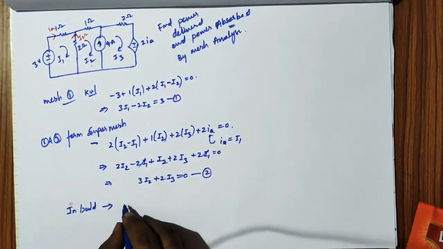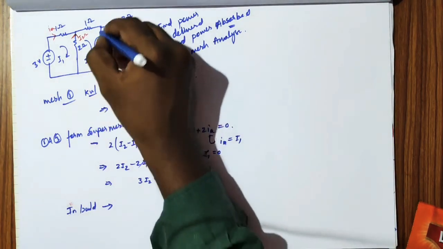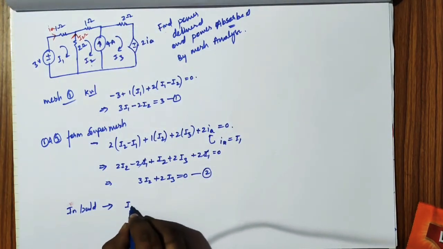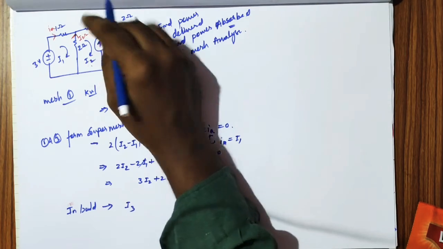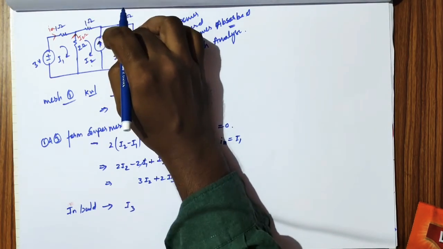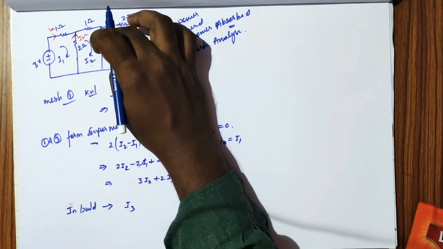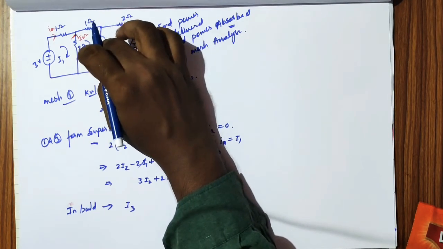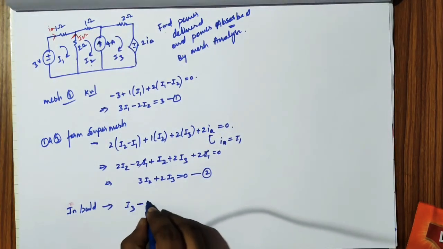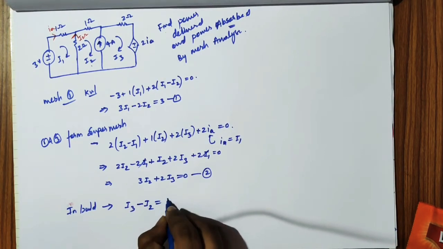Again, this is the normal mesh equation, but inbuilt you have another equation from the supermesh. 4 amps current is flowing through this current source. I3 is in the same direction as the source, and I2 is in the other direction. Therefore I3 minus I2 equal to 4.